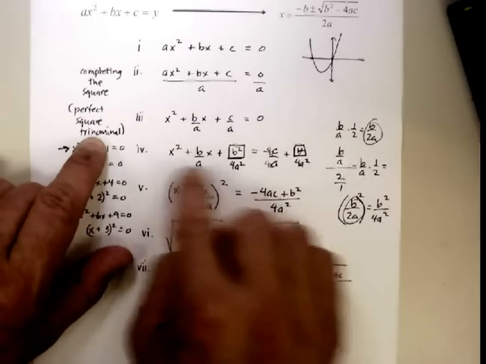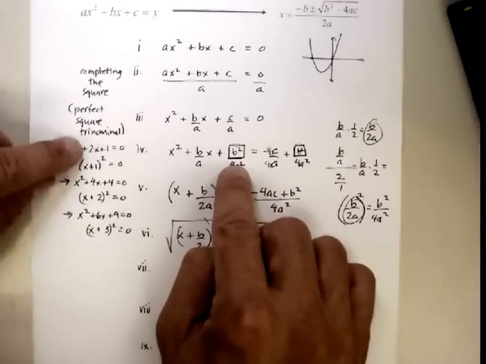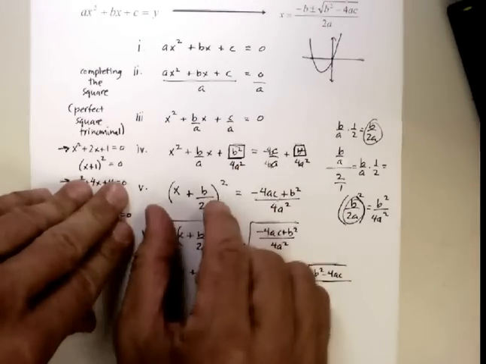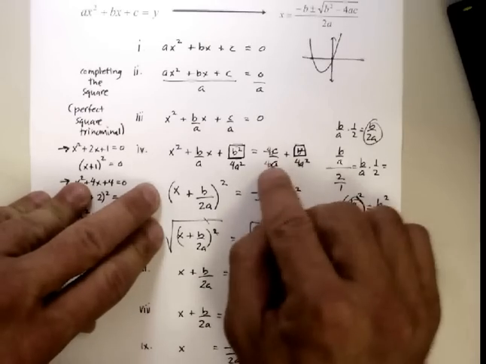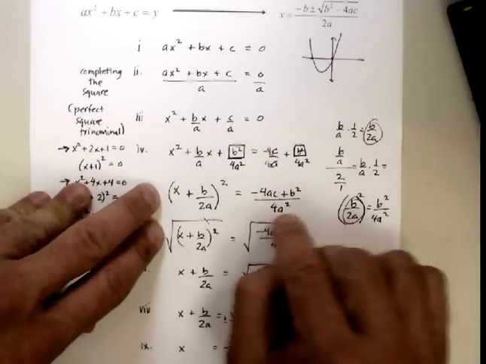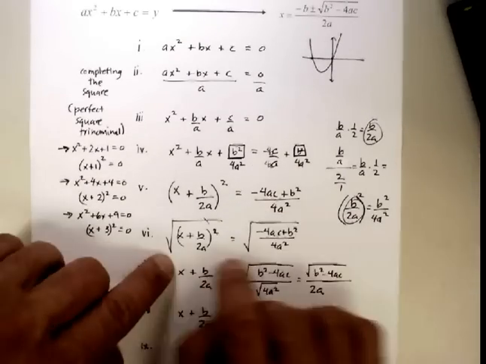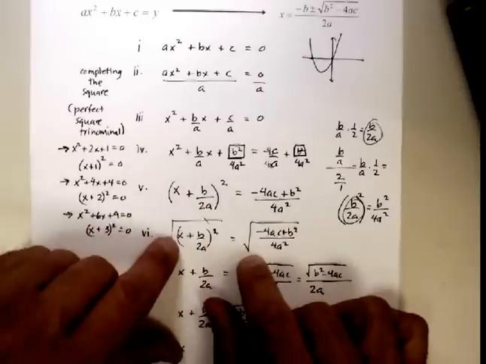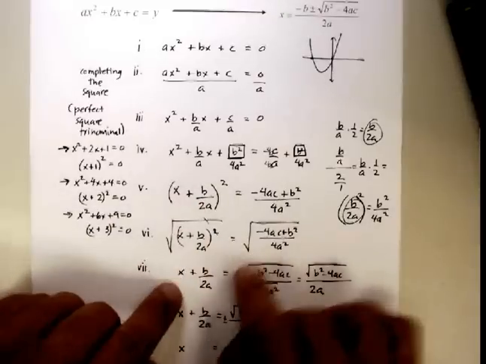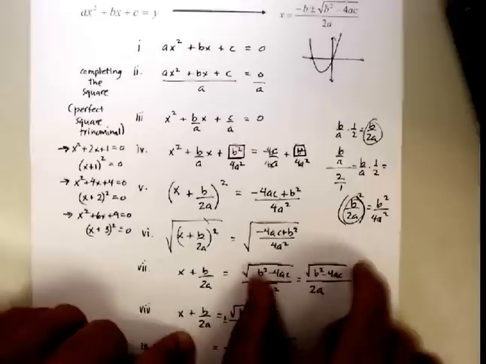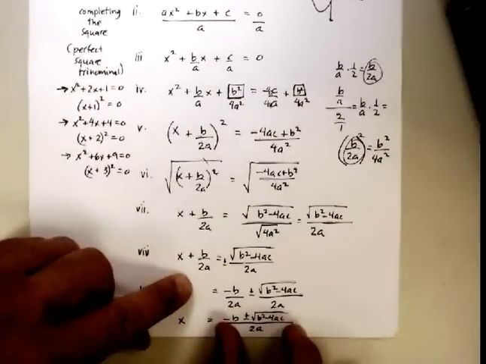We created a perfect square trinomial on this side. Gave some examples here. We factored that. We added 2 fractions by multiplying by 1, got a common denominator. We square rooted both sides because we want to get rid of that square, again solving for the x. Subtracted b over 2a from this side, and it ended up being exactly the formula that we all have memorized.